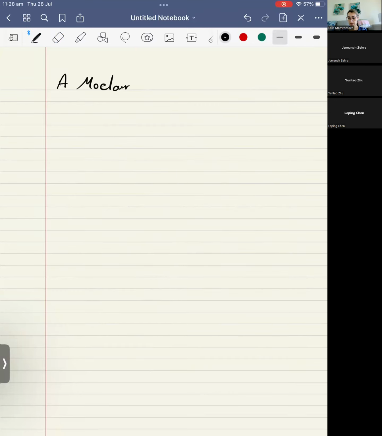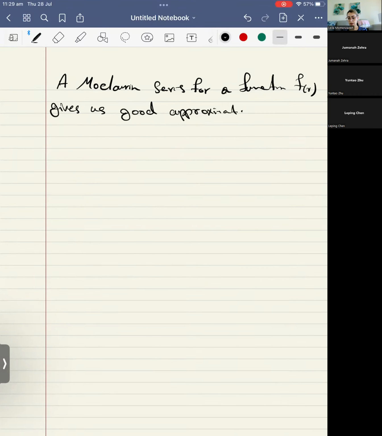A Maclaurin series for a function f of x gives us a good approximation to f of x for values of x close to 0.